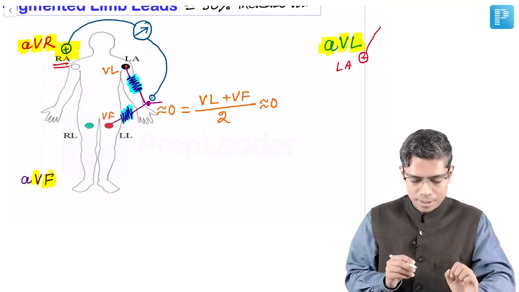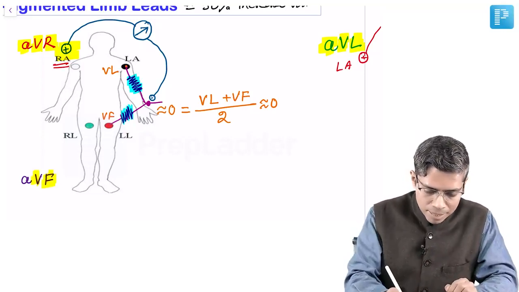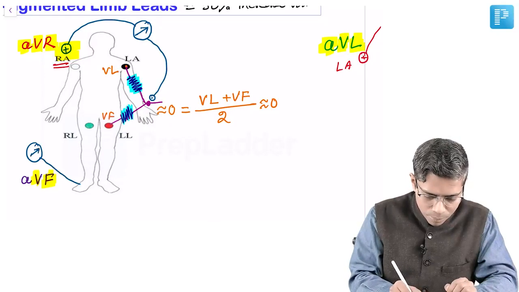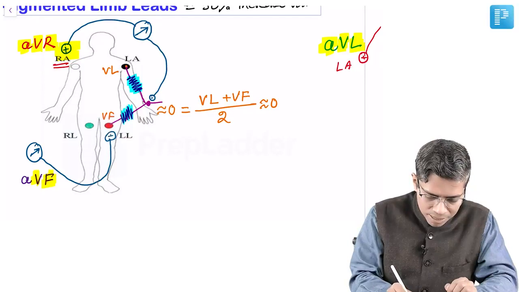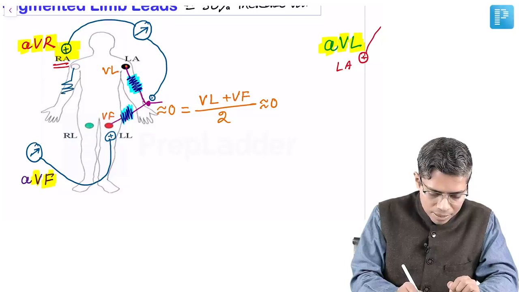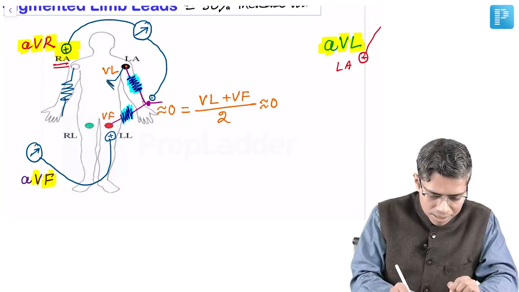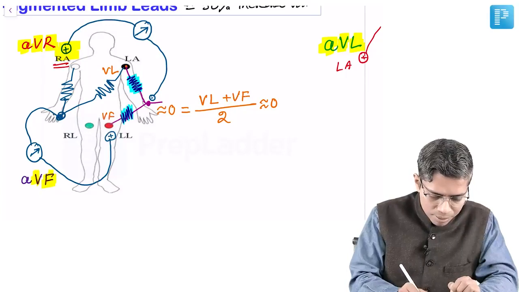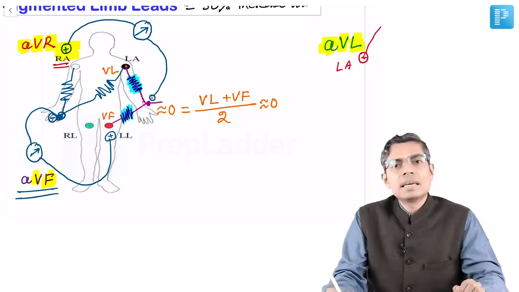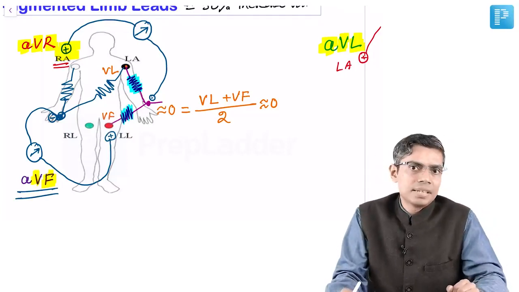Foot means left foot. So my voltmeter should be connected in such a way that the positive end is connected here, and the other 2 points are connected through a high resistance like this, and then the negative end of the voltmeter is connected here. This way I can produce the AVF, right?